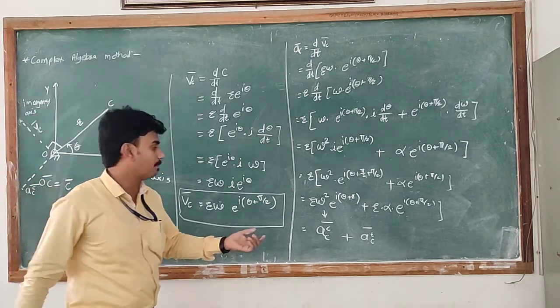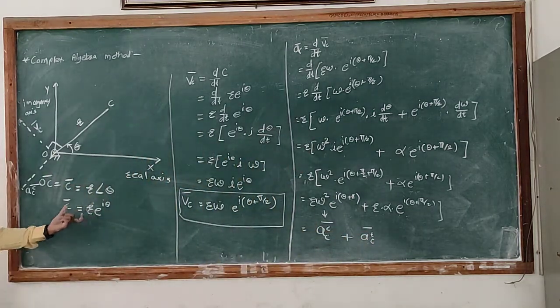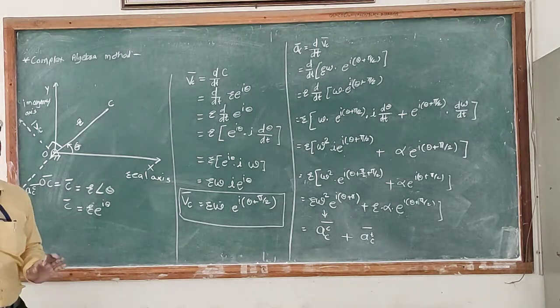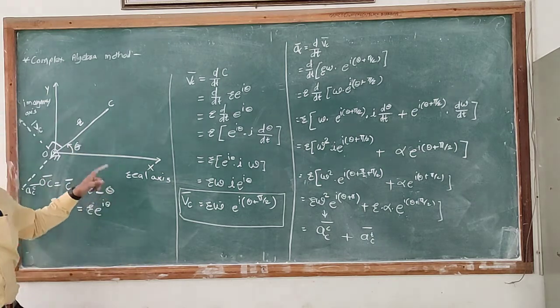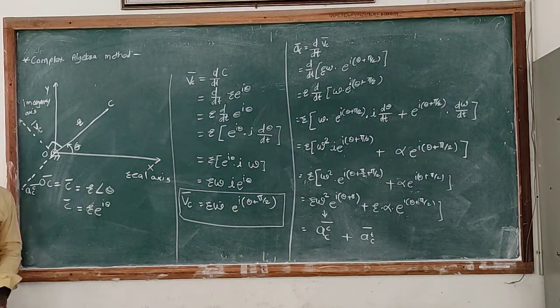And if we compare the tangential acceleration with the position vector, the angle between them is 90 degrees. This tangential acceleration is in the direction of the velocity vector.